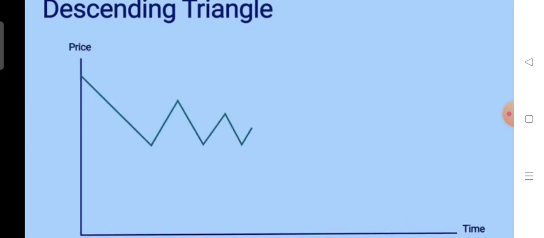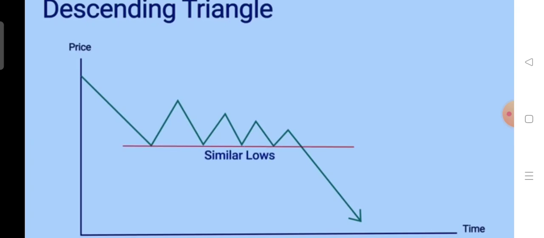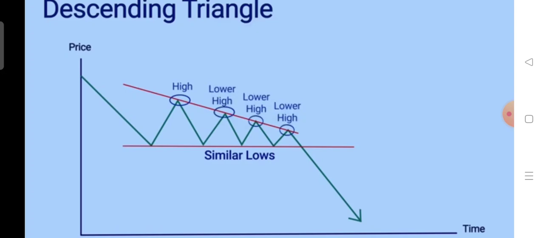Now, the descending triangle is much similar to the ascending triangle. The only thing is that it forms after a down move. After a down move, if during the consolidation the lows being formed are similar and the highs are coming down gradually, then we understand that a descending triangle is being formed, and at the break of the triangle there is a breakdown.